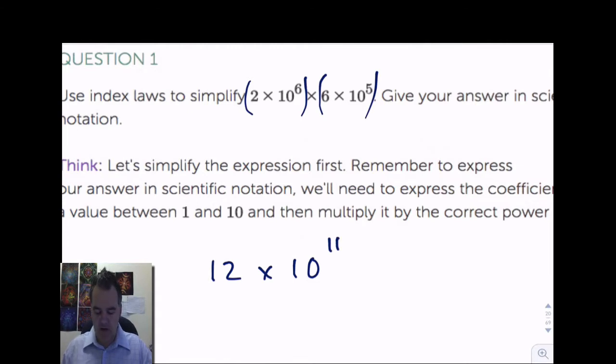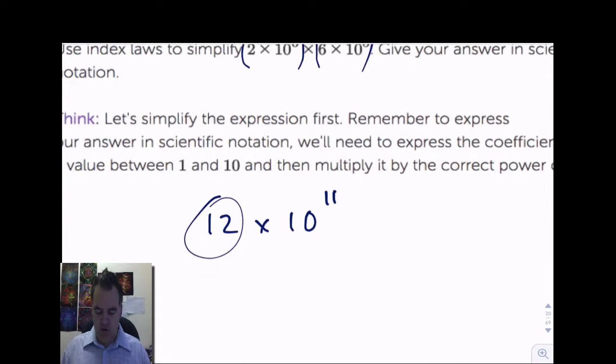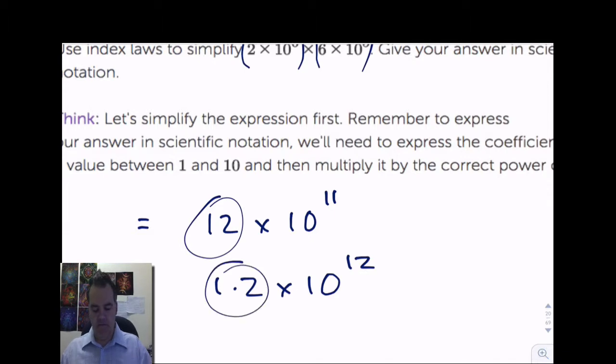Remember, we always need a number here that's between 1 and 10. So 12 times 10 to the 11 is 1.2 times 10 to the power of 12. Now that's a number between 1 and 10, and you get the same answer as we did before.